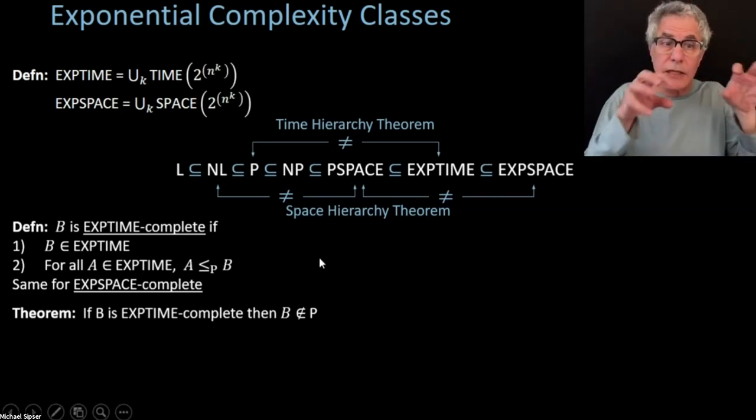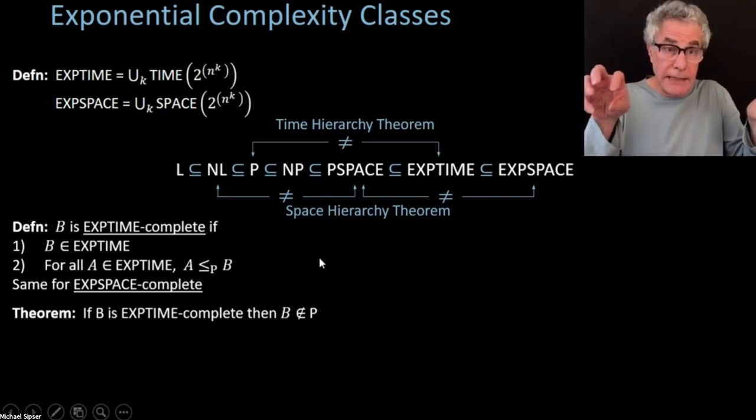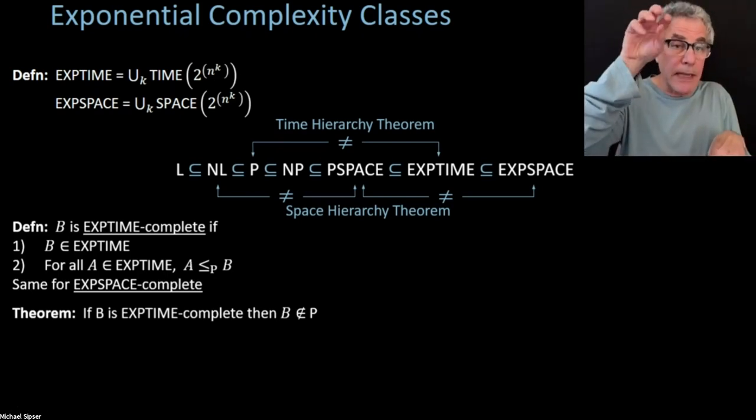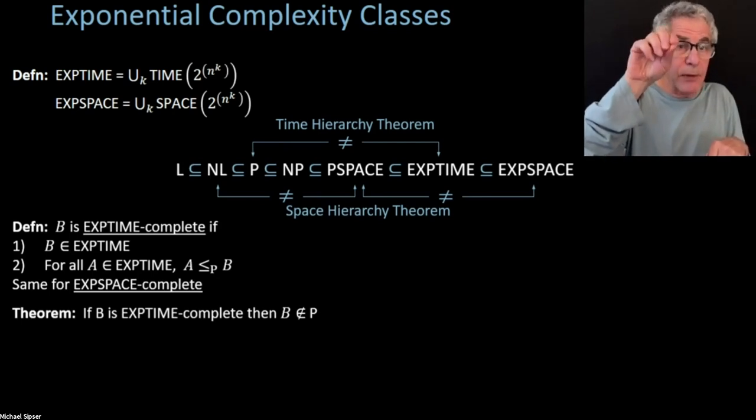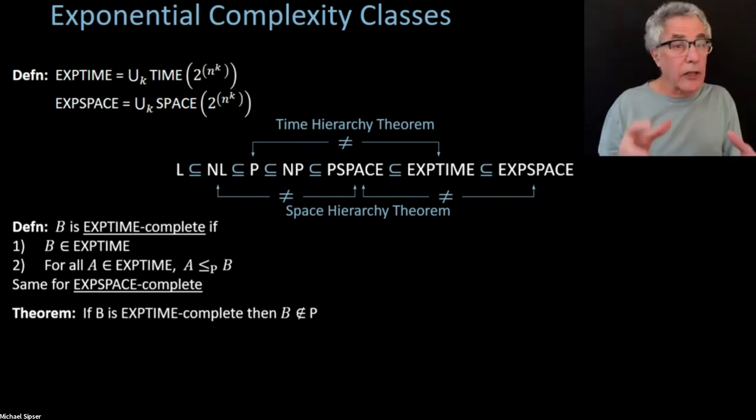So the logic is the hierarchy theorem separates the classes, and then the complete problem inherits the difficulty of the larger class. So the complete problem cannot be any lower than the other problems in the class because they're all reducible to it.